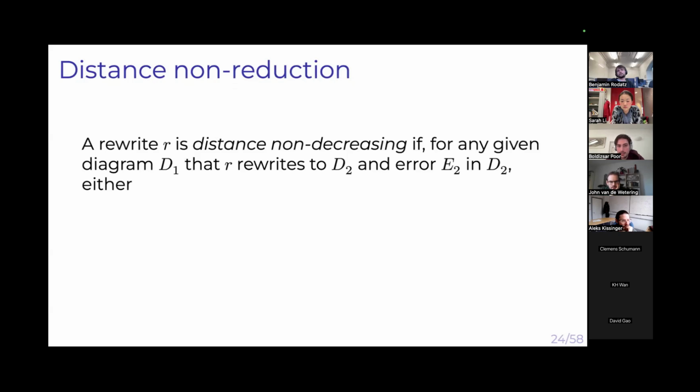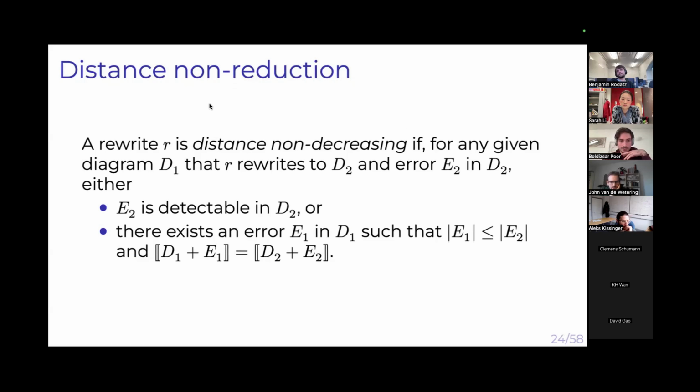Another definition we have is distance non-reduction, and we have a proposition that shows that what we are describing here is equivalent to the one we have seen before. A rewrite is distance non-decreasing if for any two diagrams D1 and D2, where D1 rewrites to D2, an error E2 in D2 is either detectable or there exists an error E1 in D1 which is smaller than E2, and both of them give the same interpretation.